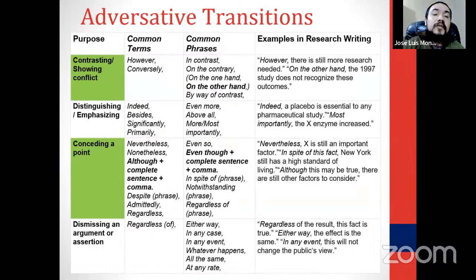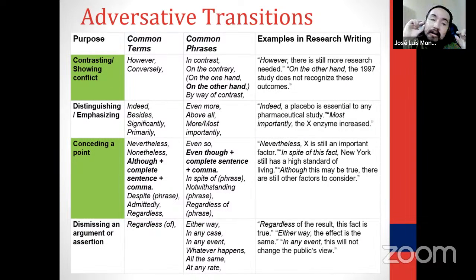Good. Let's keep going. These are adversative transitions. First, contrasting, showing conflict: however, conversely, to show contrast between two ideas. If you want to use a phrase: in contrast, on the contrary, on the other hand, by way of contrast. All right, that's again to contrast two ideas.